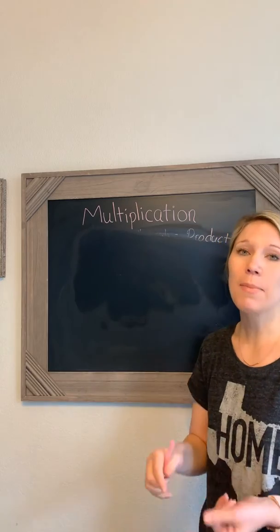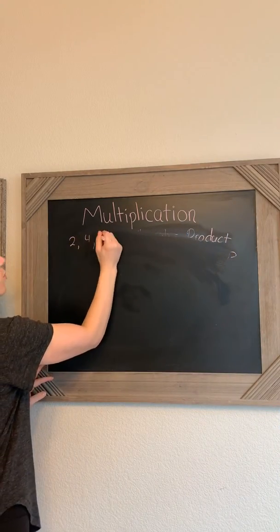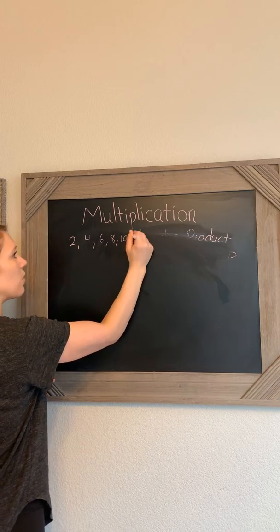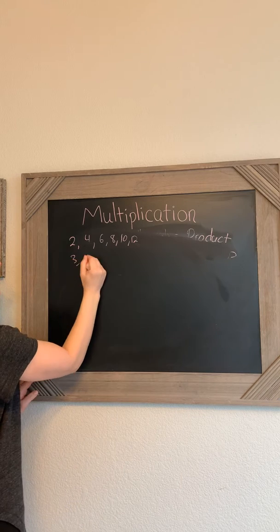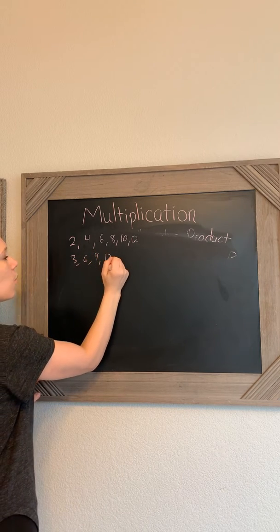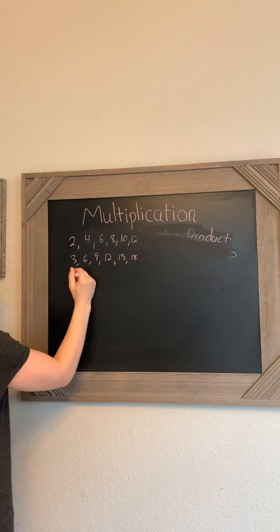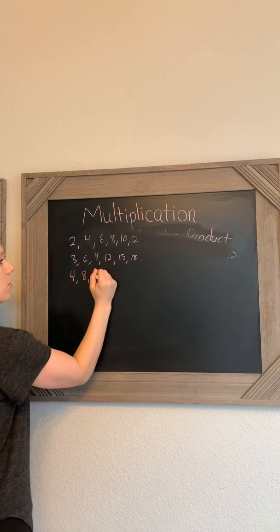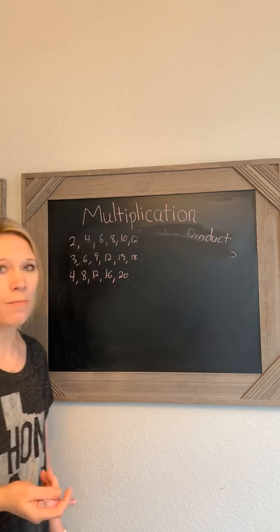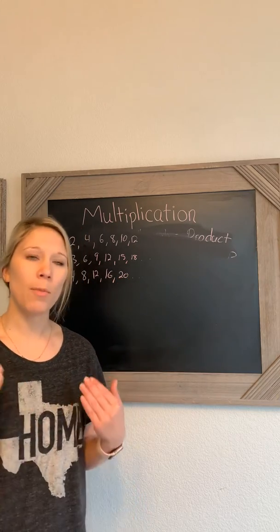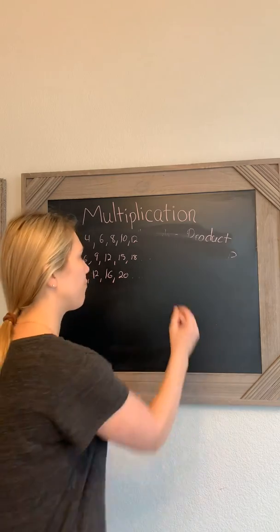But if we practice our skip counting, we'll count by 2s: 2, 4, 6, 8, 10, 12, etc. When we count by 3s, 3, 6, 9, 12, 15, 18, etc. Count by 4s, 4, 8, 12, 16, 20, etc. Okay? If you can at least memorize the skip counting, then you can plug it into a tic-tac-toe.